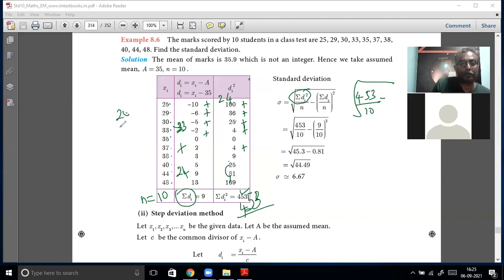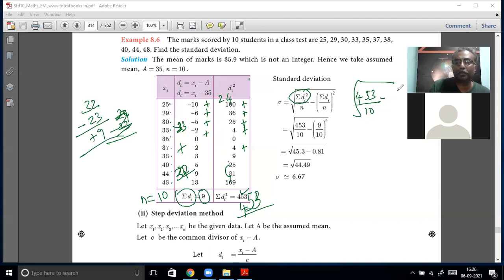So 24 minus 23, you are going to get plus 1. Sigma di is equal to 9.